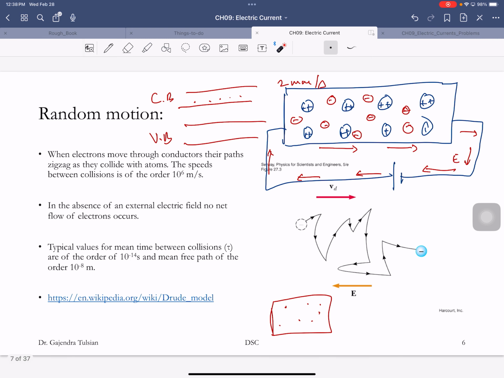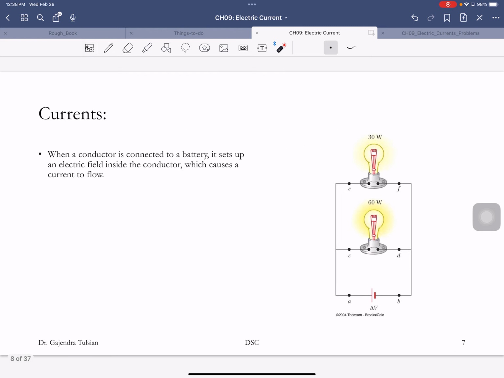You saw that an electron will collide with an atom on the average 10 to the minus 15 seconds later. 10 to the minus 15 is a femtosecond, so 10 femtoseconds later, and so on. In a conductor, normally, if it's not connected to a battery, the electric field is 0.